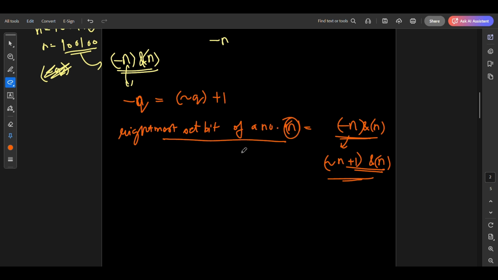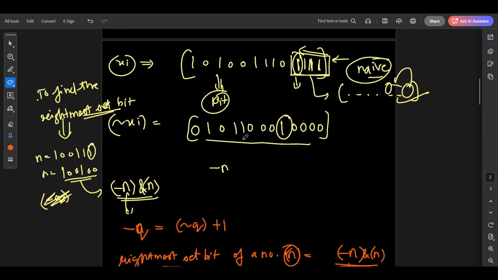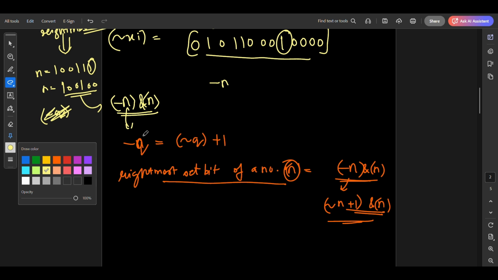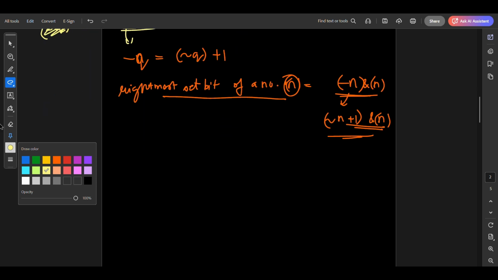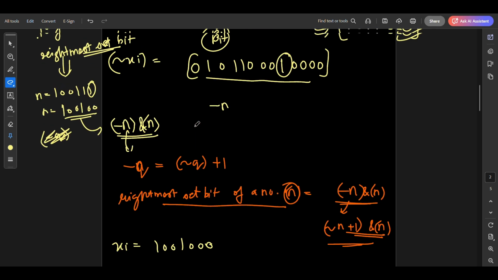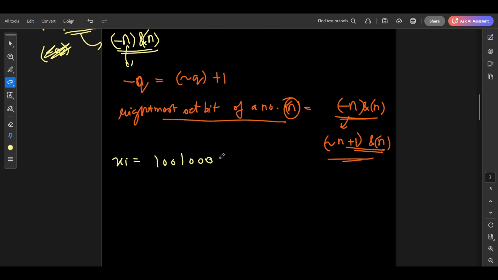But if we see clearly, if we have this number xi that was 101000. Okay. The rightmost set bit, and let's take another example something like this, okay? And we are trying to find this value.